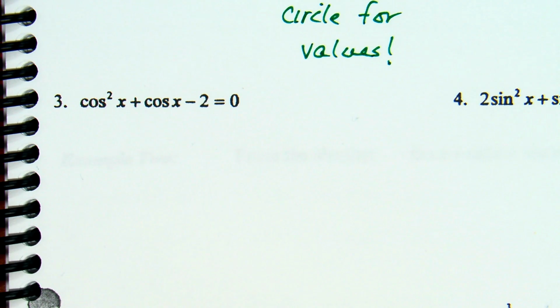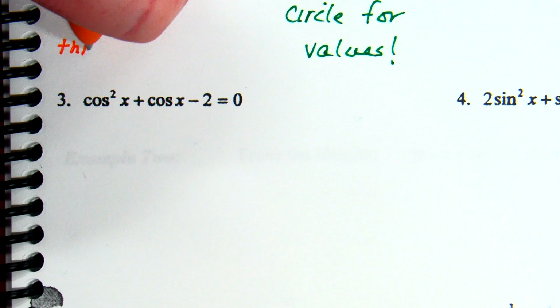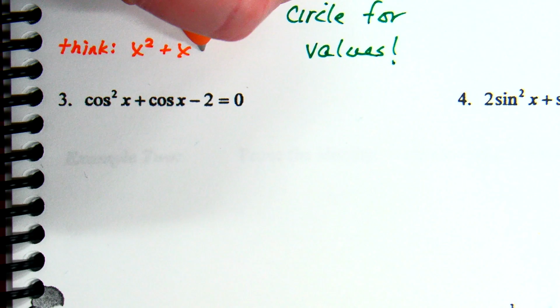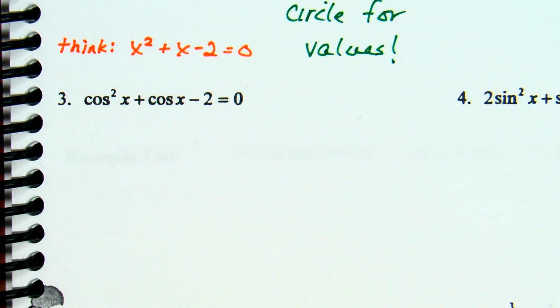Is there some way, since there's a squared, an x, and a value that doesn't have a variable, are we going to have to do something crazy like factoring? It's factoring. I'm writing this up above, but here's my hint to you.